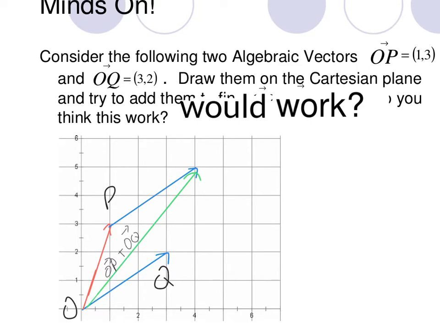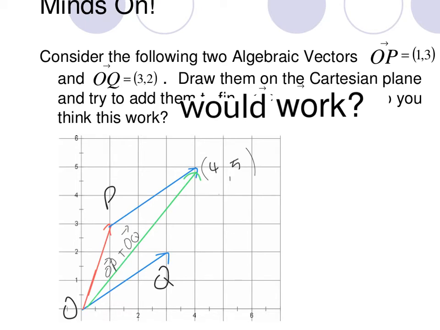Now, just by looking at the coordinates of the tip of OP plus OQ, we can see that those coordinates are actually 4, 5.